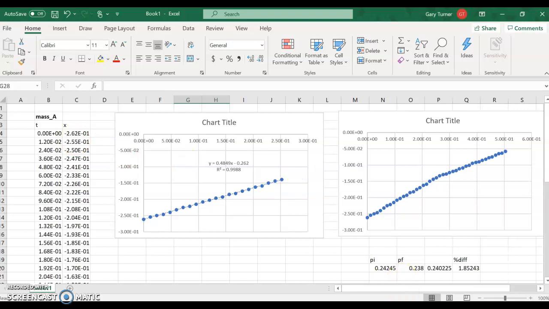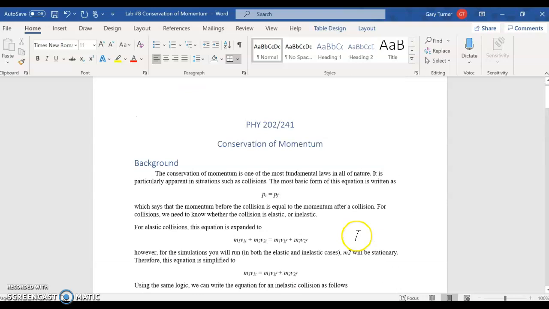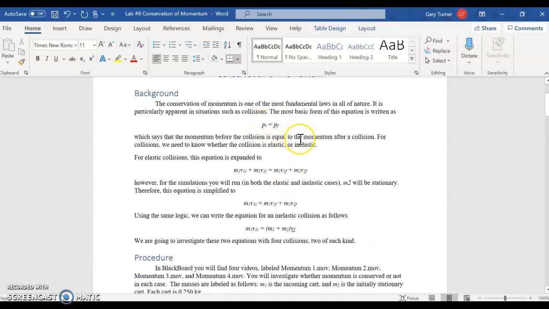The reason being, if we come back up here, the idea behind this lab is to show that momentum is conserved, that mass times velocity is conserved under the condition that the only forces that act in the system are internal to the system.